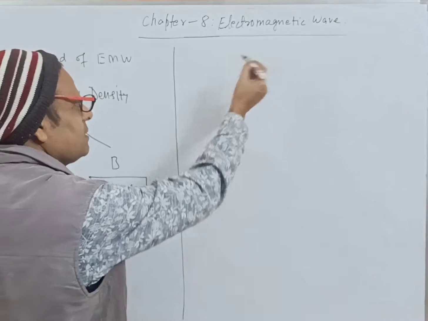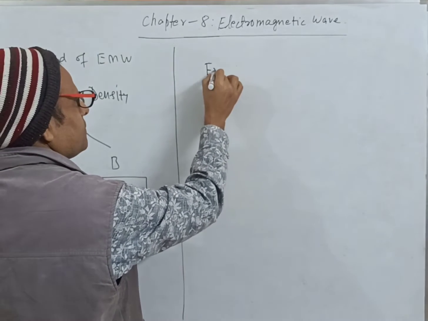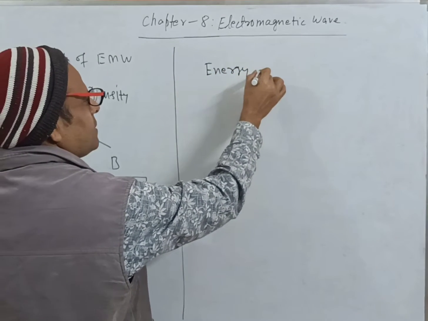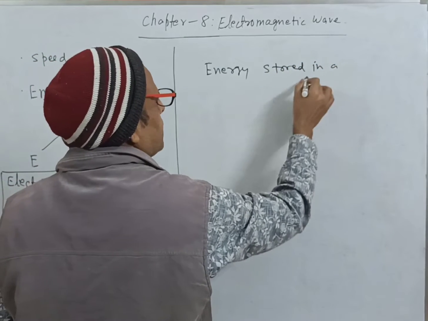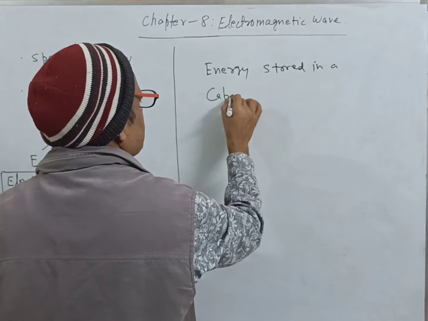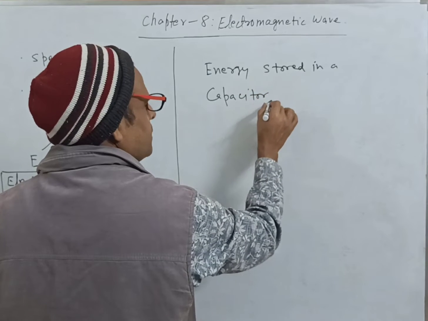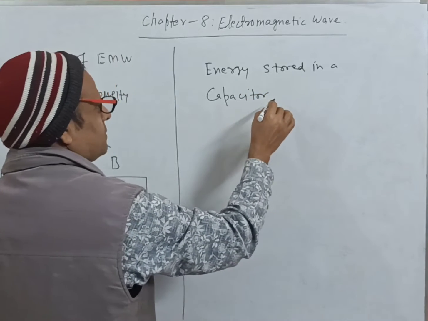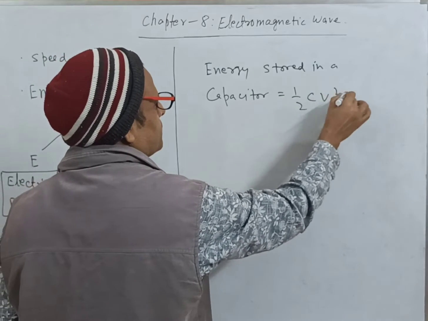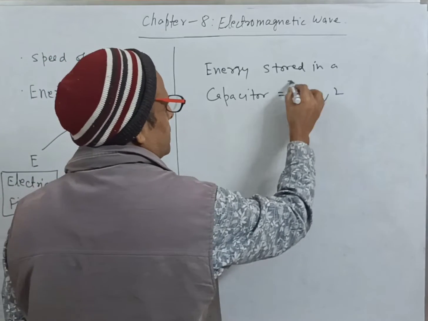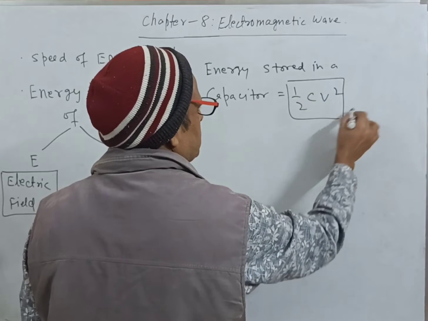That means the energy stored in a capacitor, in the form of electric field, is equal to half CV square. This is very much important.